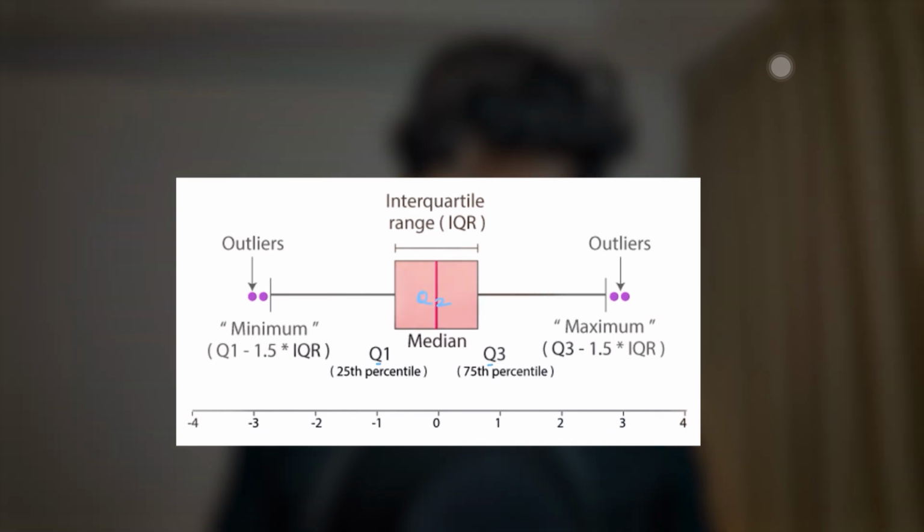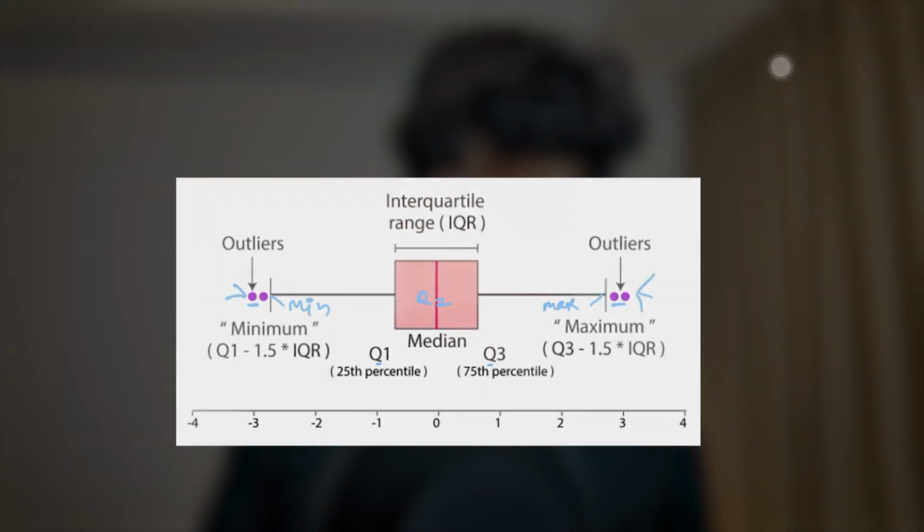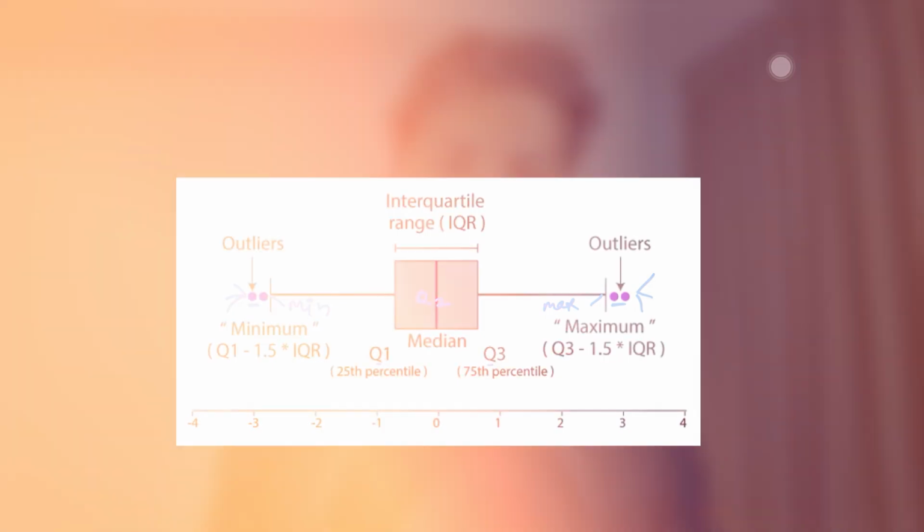On the sides we have the minimum value and the maximum. And on the last we have whiskers, which are like the mustache or facial hairs of a cat. These whiskers are known as the outliers, or extreme values of a dataset.